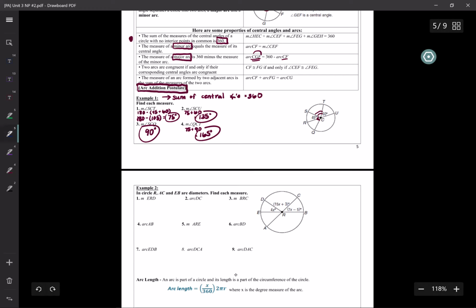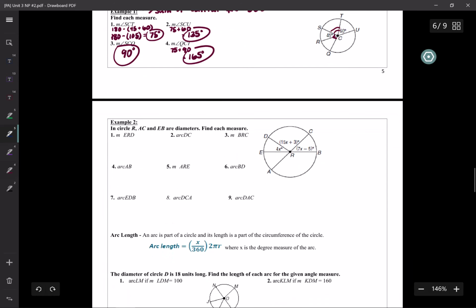I'll put all the minor arcs in green, and then I'll put all the major arcs in this dark blue color.